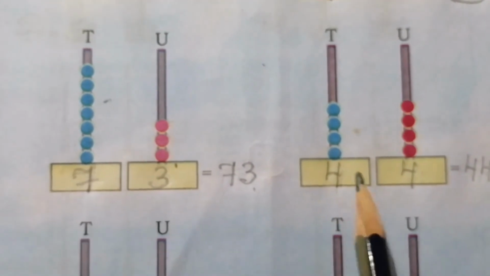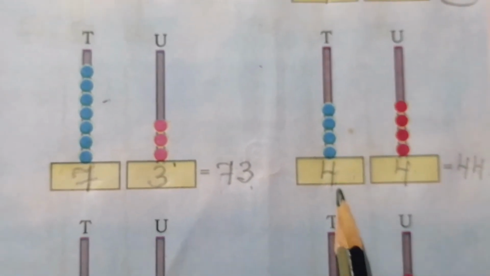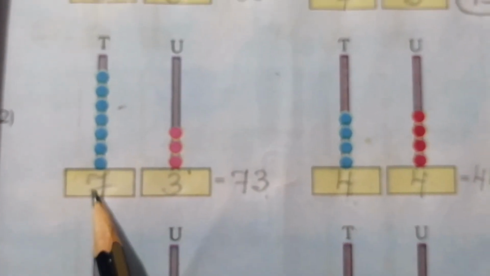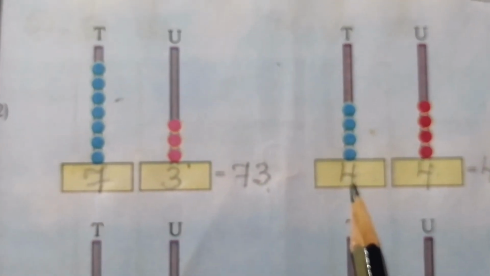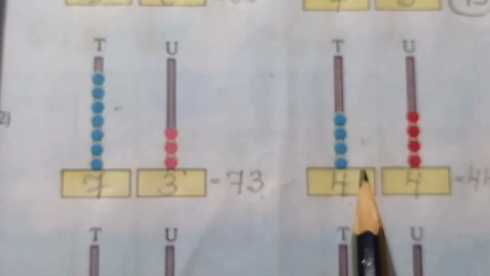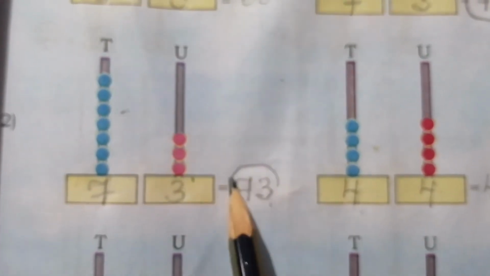Big number in the tens place is the bigger number among the two numbers. Here in tens place the number is 7 and 4. So which is the biggest number? 7 is the biggest number. So we have to encircle the number 73.